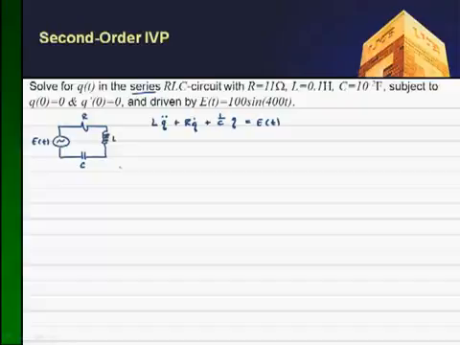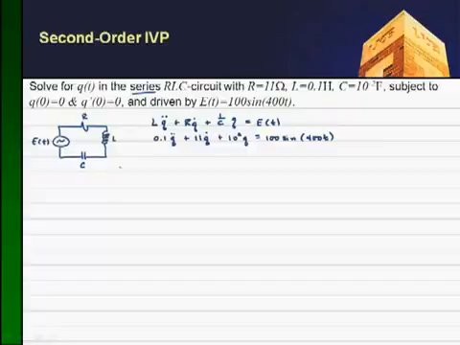And if we plug in the numbers, I get 0.1 Q double dot plus 11 Q dot plus, it's just 1 over 10 to the minus 2, so I guess it's just 10 squared Q equals 100 sine of 400t.